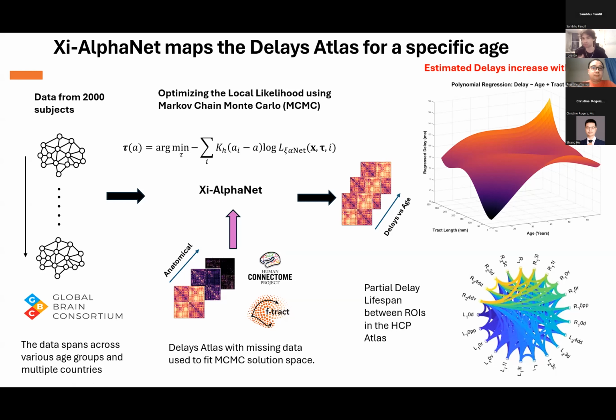And what you can observe is that the conduction delay between regions in the brain that our model is estimating, based on these 2,000 subjects for every age, tends to increase with age, and we have some type of decrease between 15 and 45 years, and you also have that this tends to increase the delay with the length of the tracks.